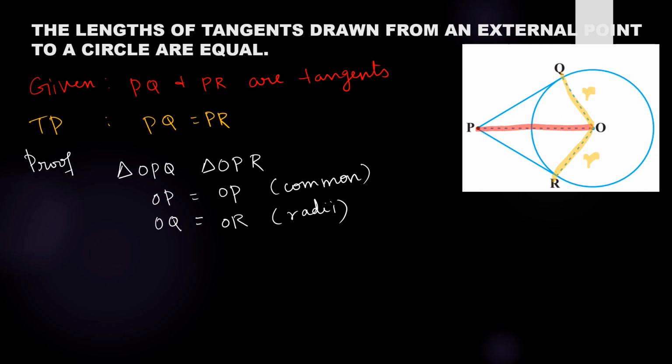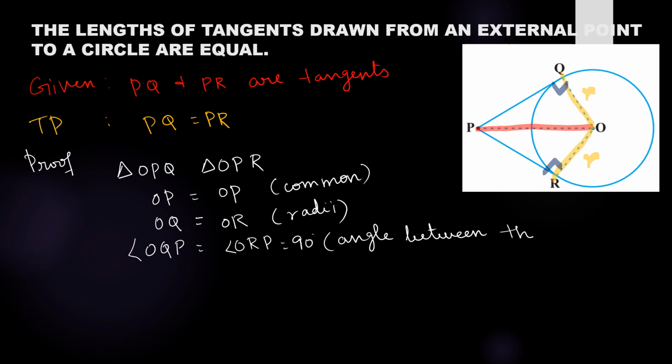That is, angle OQP equals angle ORP equals 90 degrees, the angle between tangent and radius.